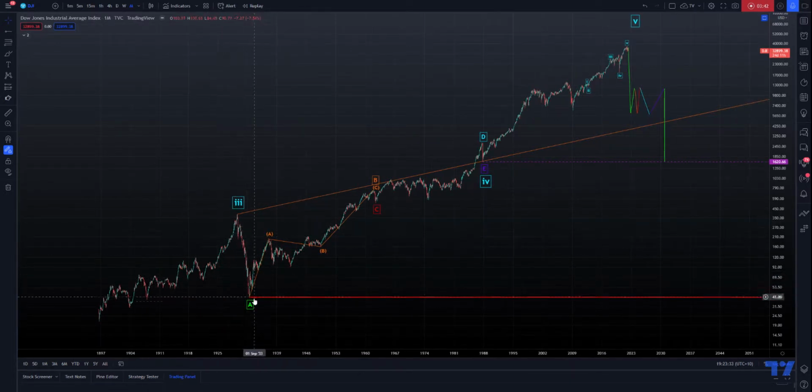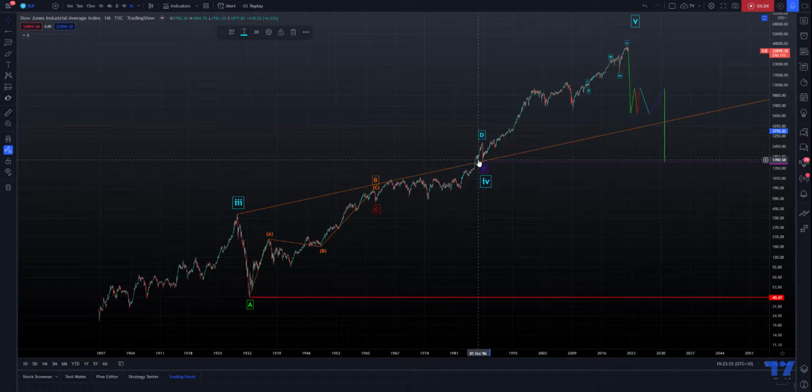So wave A and then B, a very small C followed by a D, and the '87 crash ended that correction that started in 1929. So wave 4, I do believe, ended in 1987. Quite a long correction there.